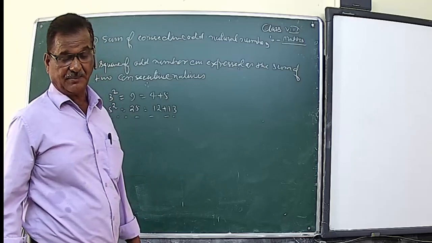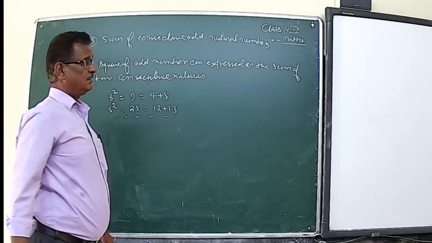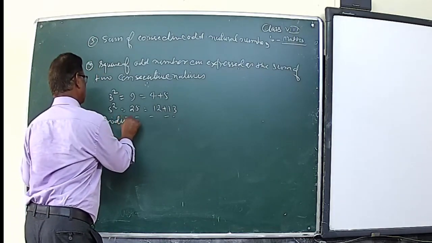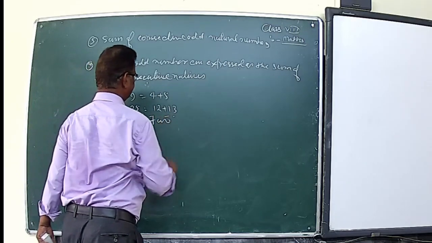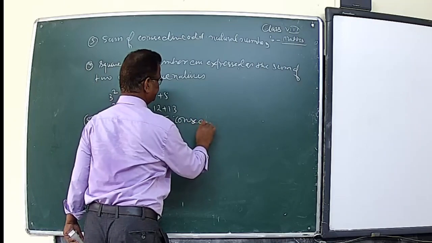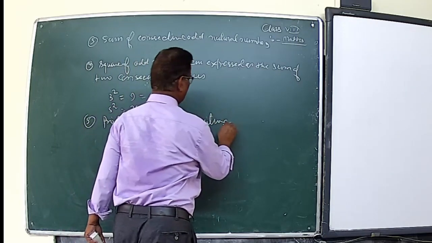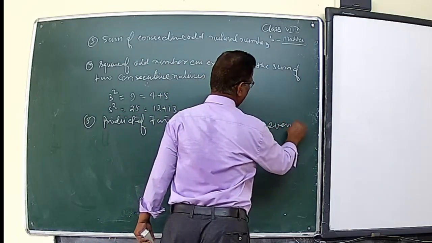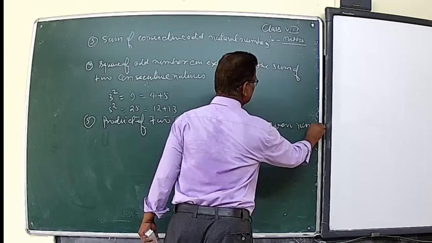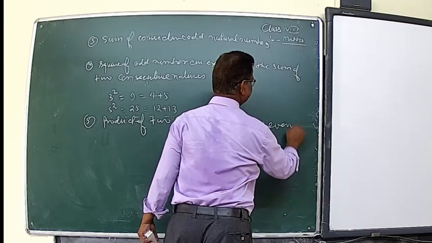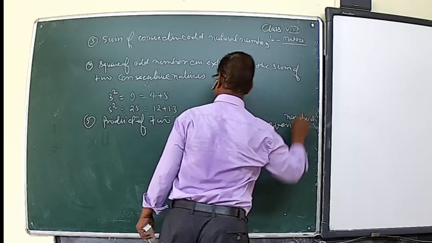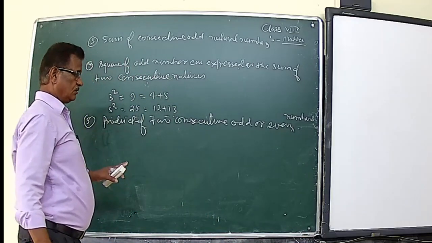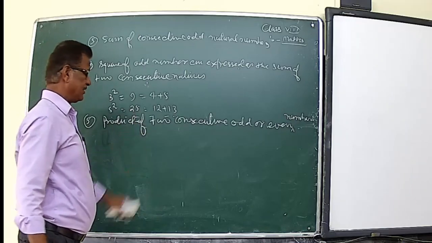And the next property, property 5: the product of two consecutive odd or even numbers is equal to 1 less than the square of the number lying between them.